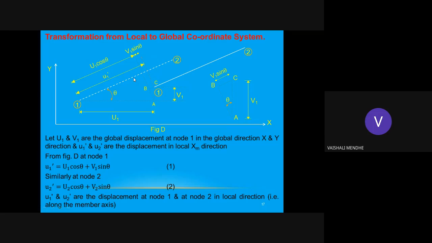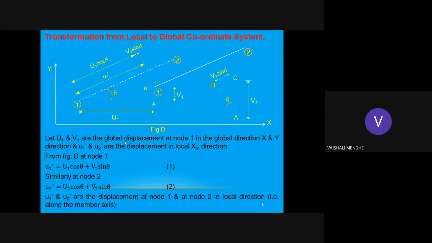Similarly, at node 2, we can write u2 dash is equal to u2 cos theta plus v2 sine theta, because u1 and v1 are the global displacements at node 1. Similarly, u2 and v2 are the global displacements at node 2 in x and y direction.